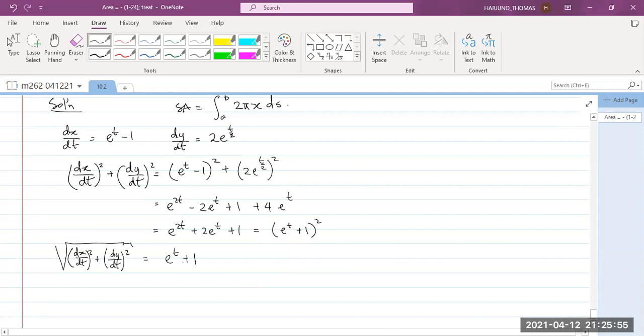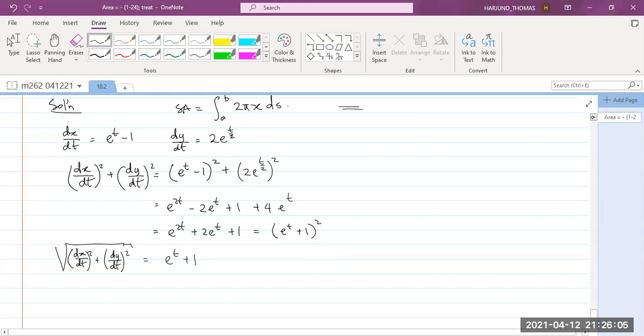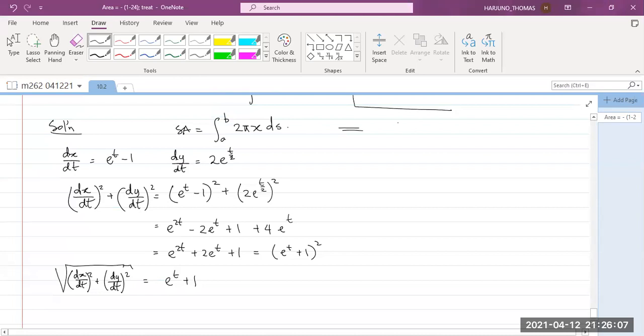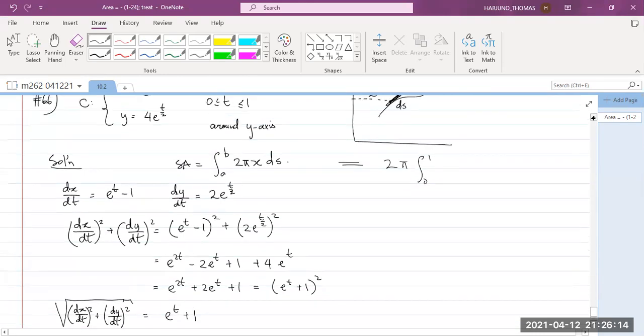Again, supposed to be in absolute value, but e to the t is always positive, plus 1, which is positive. This is always positive. So the surface area of revolution now becomes 2 pi integral from 0 to 1. I think that's from 0 to 1.